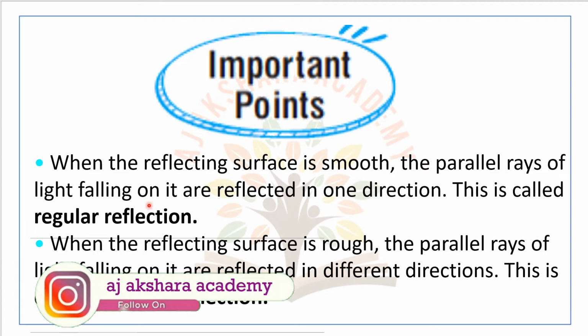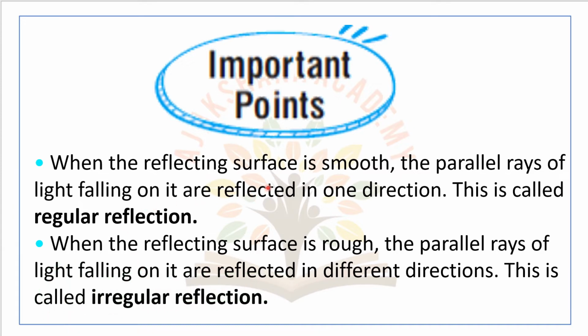During regular reflection, all the incident rays are parallel after reflection. Regular reflection occurs on plain smooth surfaces. In irregular reflection, all the incident rays are not parallel after reflection.